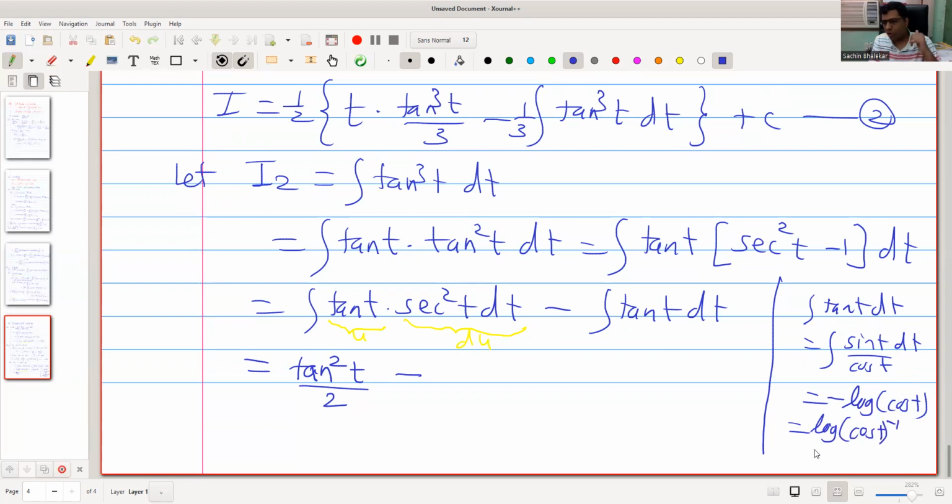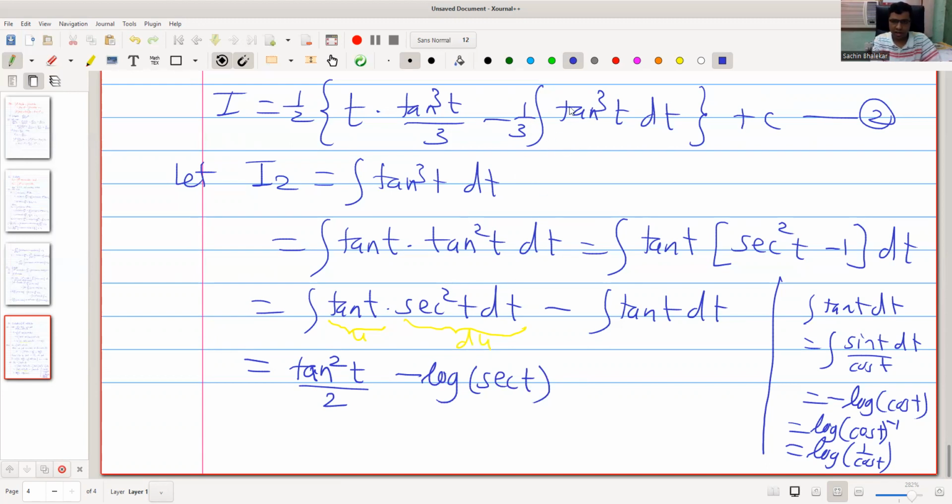That means 1 upon cos t, and 1 upon cos t is sec t. So log of sec t. We may take modulus of sec, so without loss I'm writing log of sec t, but it is absolute value.